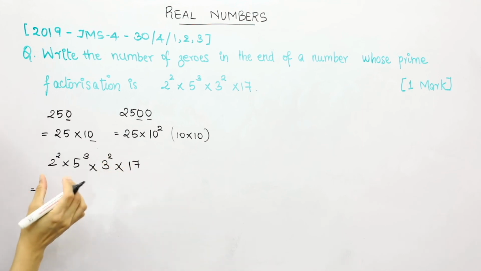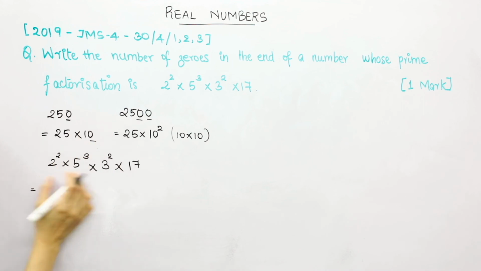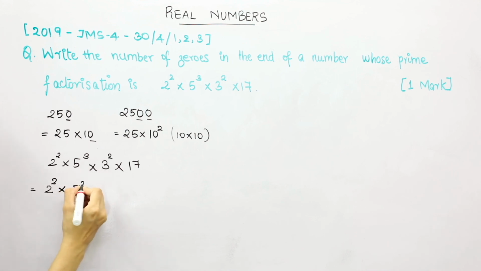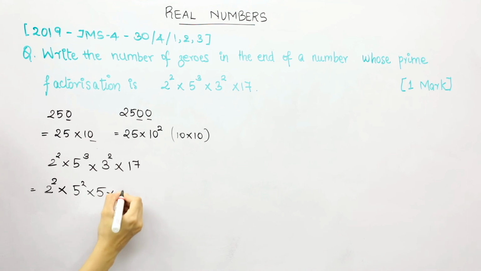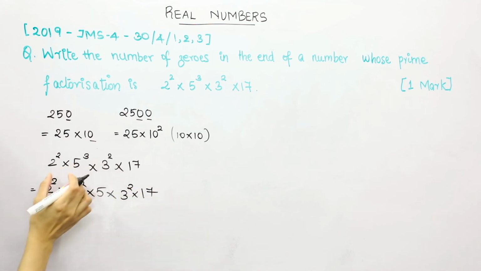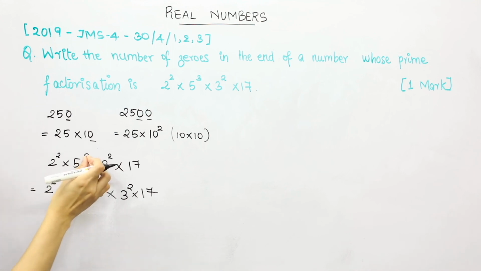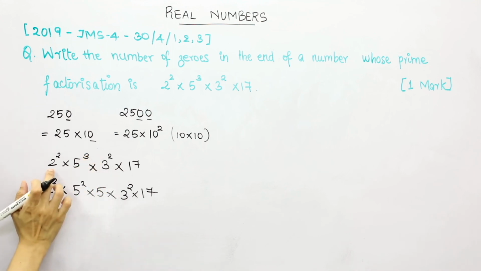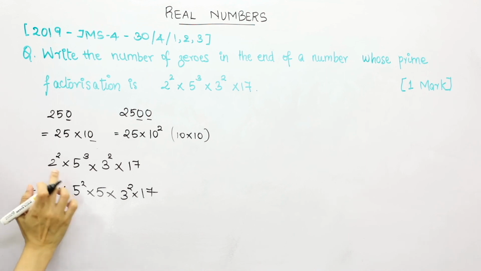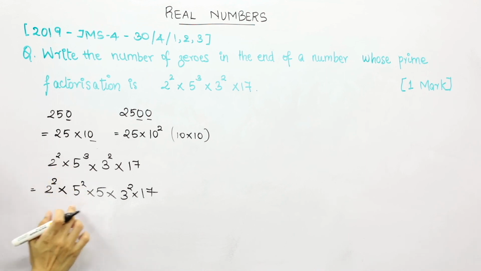Now we have to find the number of times 10 appears in this factorization. So 2 squared into, let's split the 5 cubed as 5 squared into 5, into 3 squared into 17. We've done this to find the number of tens. We've split 5 cubed as 5 squared and 5 because we already have 2 squared here, and we know that 2 into 5 is 10.